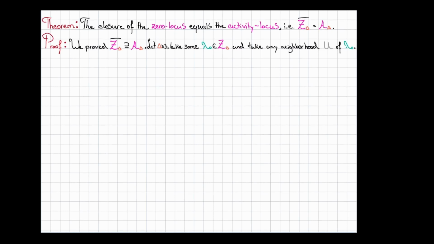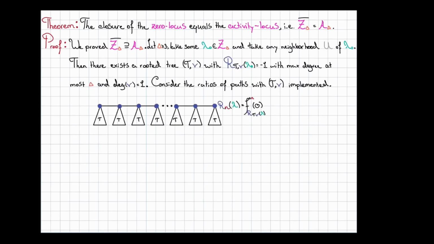And I'll take the degree bound to be at least 3 for technical reasons. So what is true, and I will not prove this, is that if there is a bounded degree graph that's 0 for this particular parameter, then there's also a bounded degree tree with the same degree bound, where we can even take the root vertex to have degree 1 inside the tree, for which the ratio is -1.